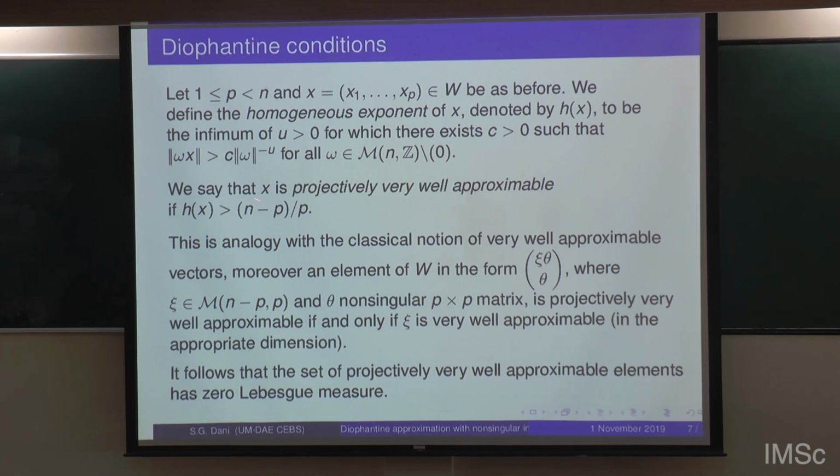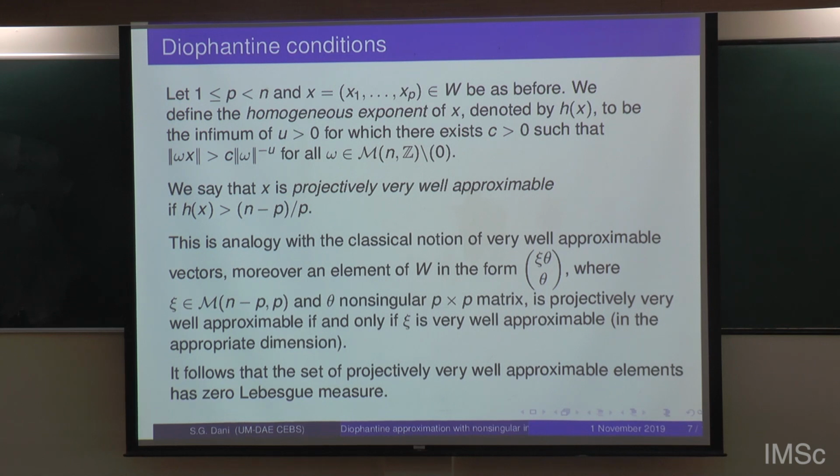Now we say that x is projectively very well approximable if this h(x), the homogeneous exponent, is at least (n minus p) divided by p, and you recognize that this number is the same as that appeared in the theorem.